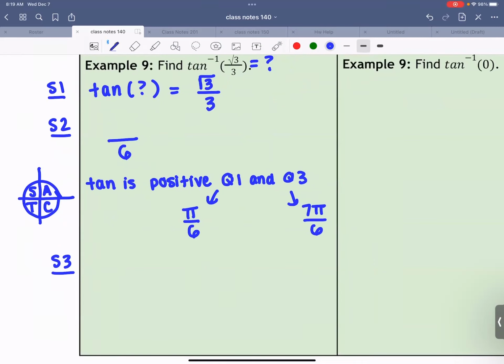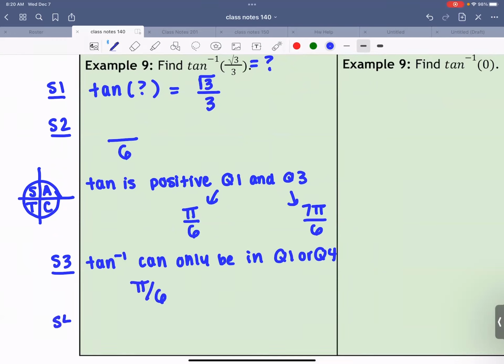We want to figure out where the inverse tangent actually is. Inverse tangent can only have answers in either quadrant 1 or quadrant 4, right? So what's my answer here? Pi over 6, because pi over 6 is the one in quadrant 1. So pi over 6 has to be my angle here.